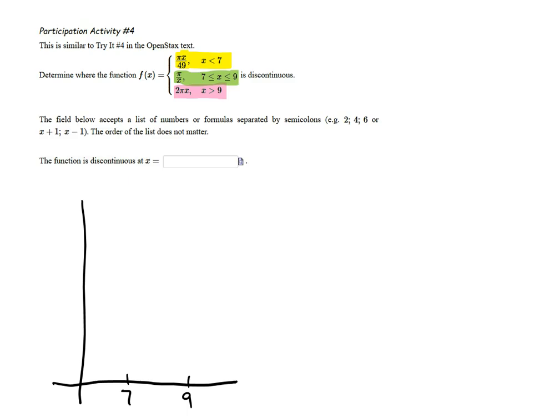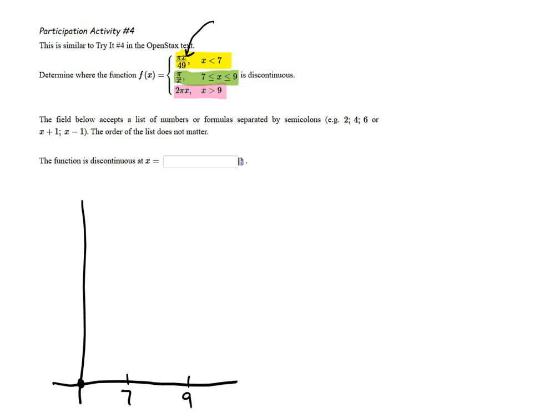So when you plug in x, any x less than 7, you're going to get whatever 3.14 times that number divided by 49 is. And so this is linear. It's a linear function for that part. And of course, when x is 0, if you put 0 in where x is, you're going to get 0.